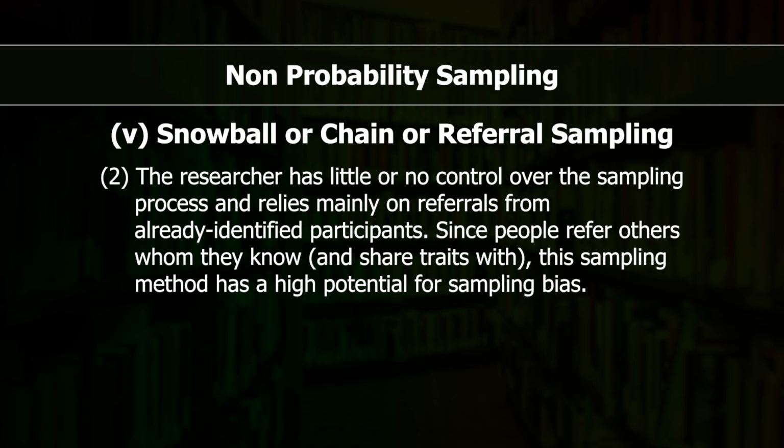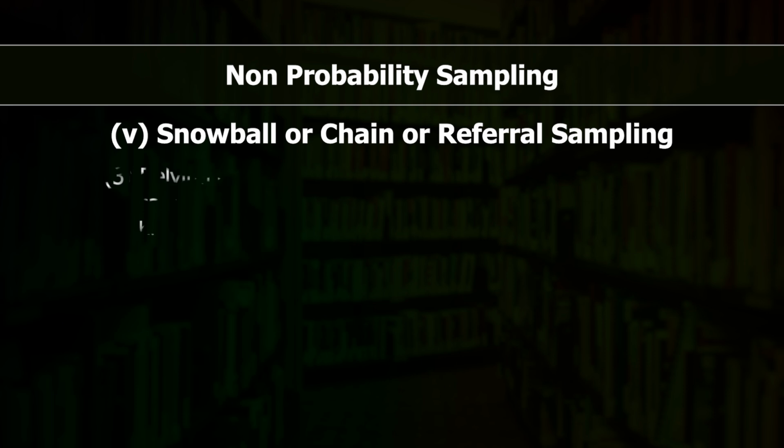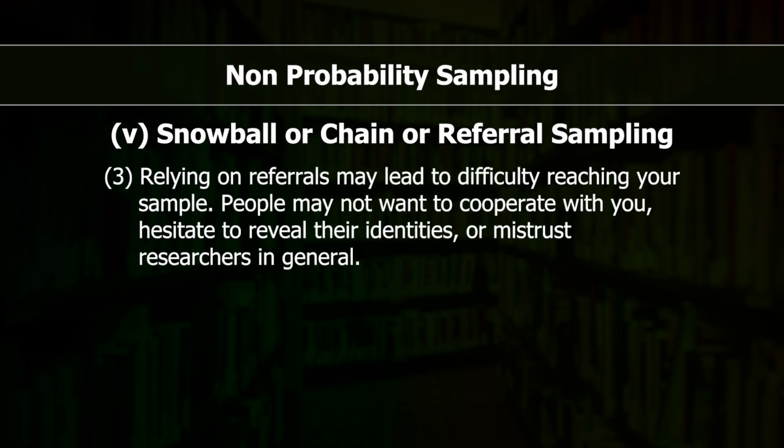Since the people refer others whom they know and share traits with, this sampling method has a high potential of sampling bias. Another disadvantage, relying on referrals may lead to difficulty reaching your sample. People may not want to cooperate with you, hesitate to reveal their identities, or mistrust the researchers in general.